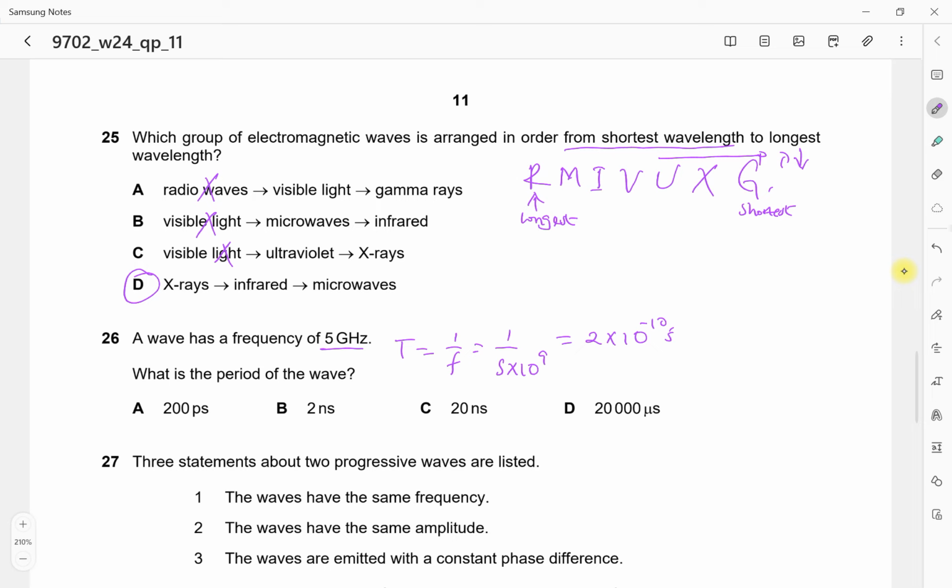And this is the same as, I'll check the first one, changing this to pico. 2 times 10 to the power of minus 10 divided by 10 to the power of minus 12 to change it to picoseconds. And I think this is 200 picoseconds. So the answer is A.